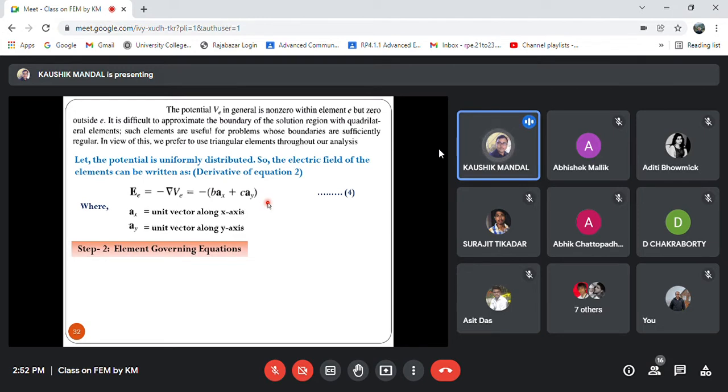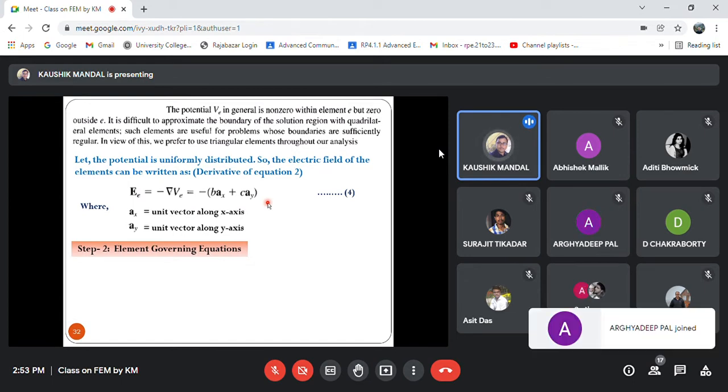Once we divide the solution region into finite elements, we have to approximate the potential in a particular element, and from that potential we can find the electric field by equation number 4. To approximate the potential of a triangular element, you consider the polynomial approximation, VE equal to A plus BX plus CY, as mentioned in equation number 2.